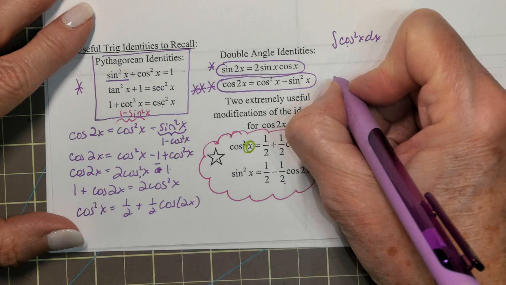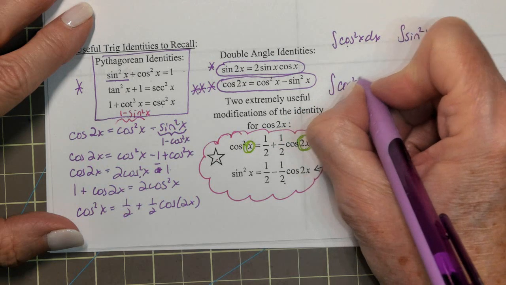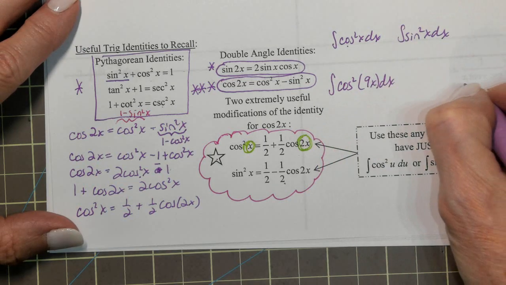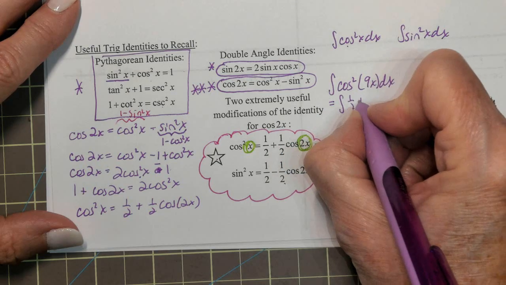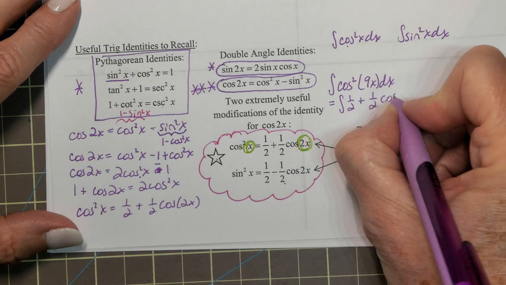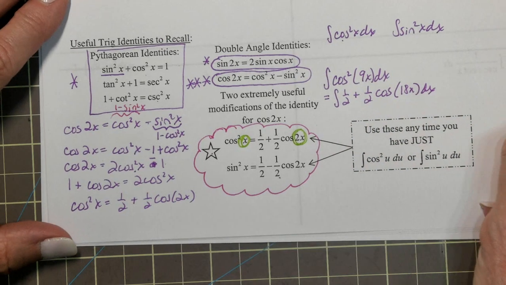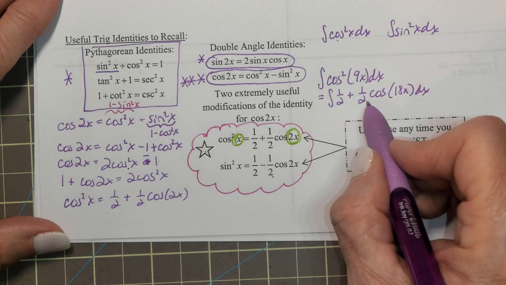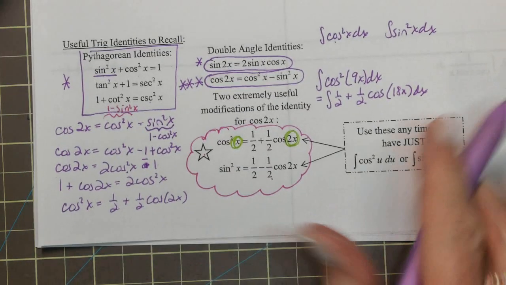So if you have cosine squared of 9x, then we can change that to 1/2 plus 1/2 cosine of 18x. And then clearly this is very easy to integrate because we know our antiderivatives. All right, let's go on.